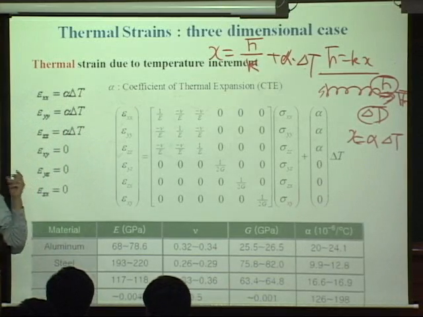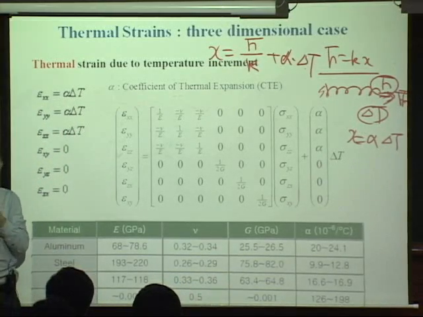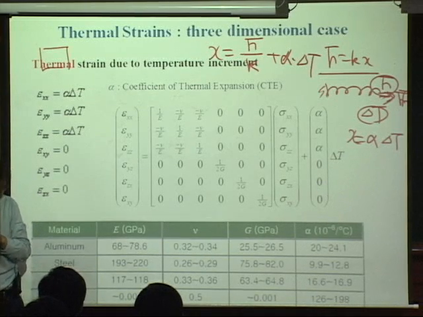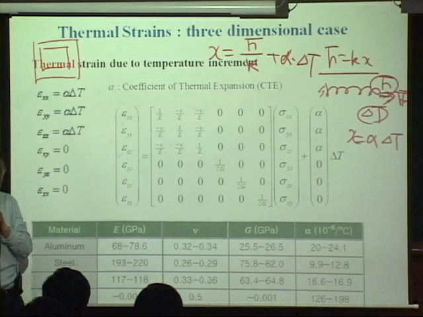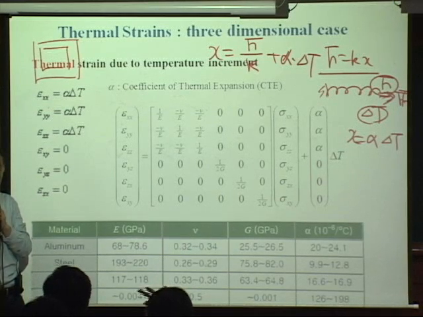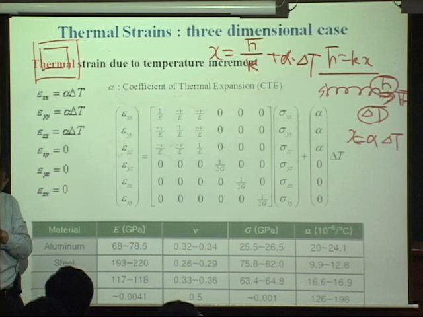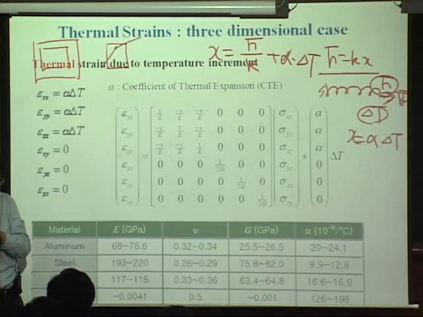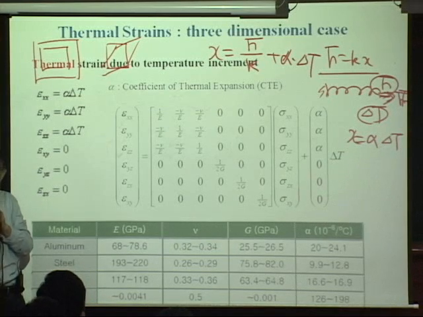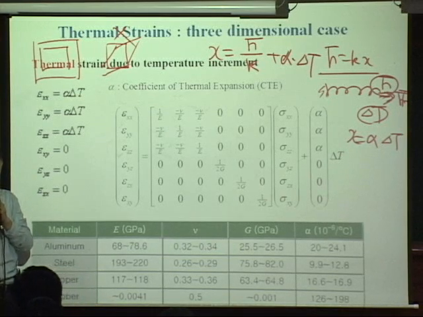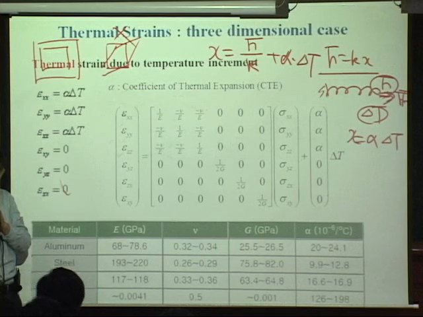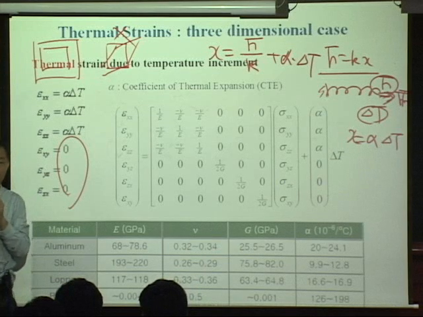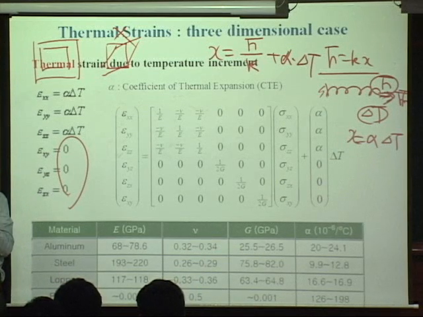But temperature wouldn't change angle. Temperature will cause deformation like that, but not this kind of deformation. There is no such deformation, which means there will be no shear. Temperature always causes normal strains only.